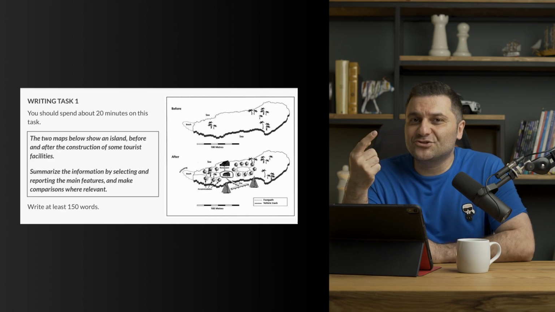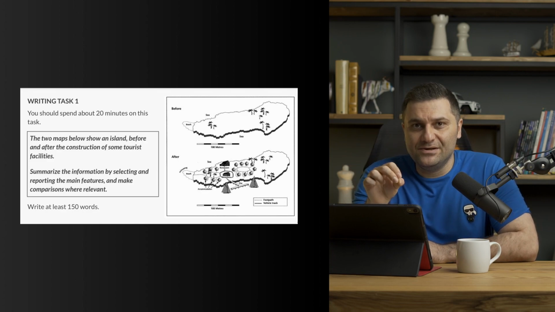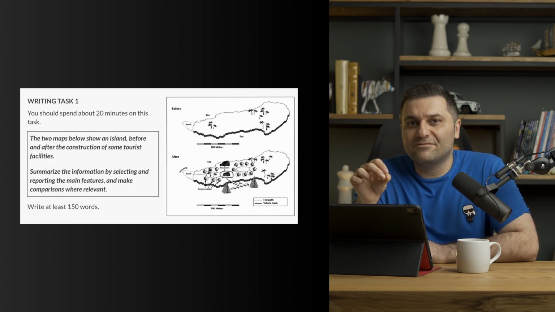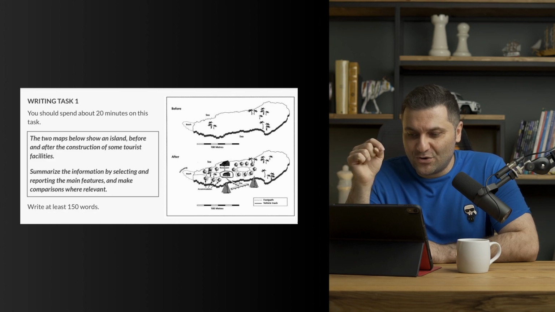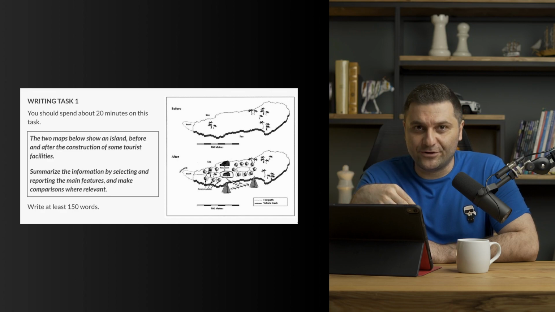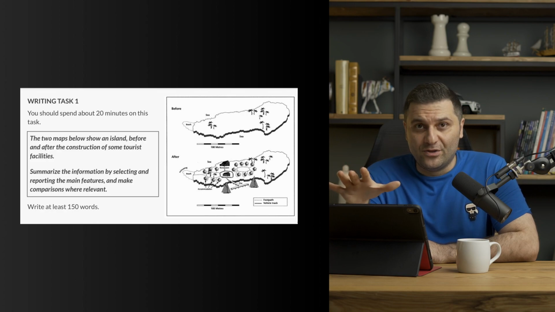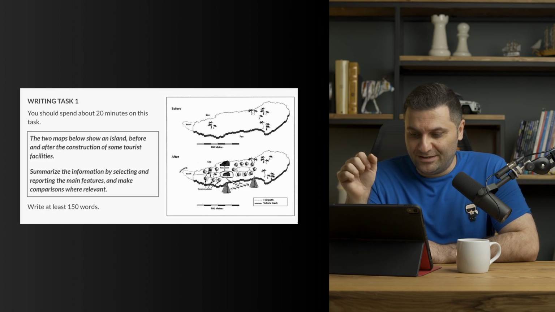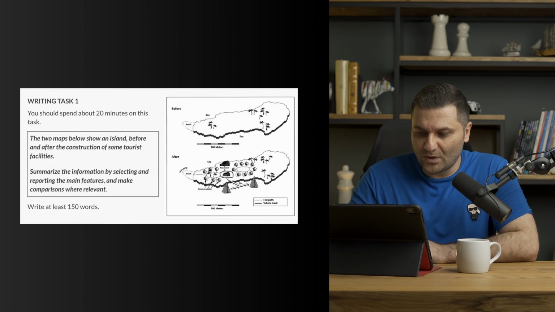So you should write the changes. Now, as you see, it's a kind of map, right? So before, it shows an island, right? Before, after. You should write the changes. We'll work on this part, how to write the details here. So just try to know that this is a kind of map.